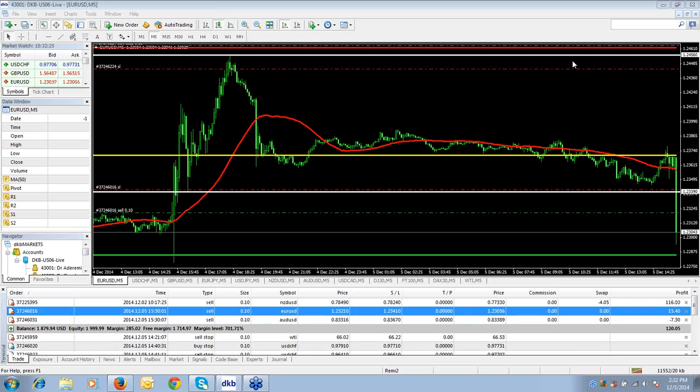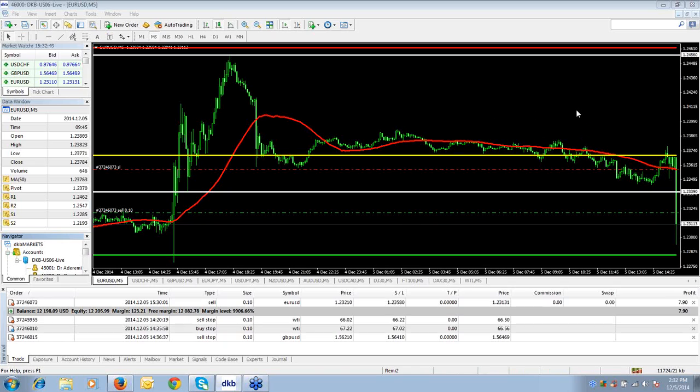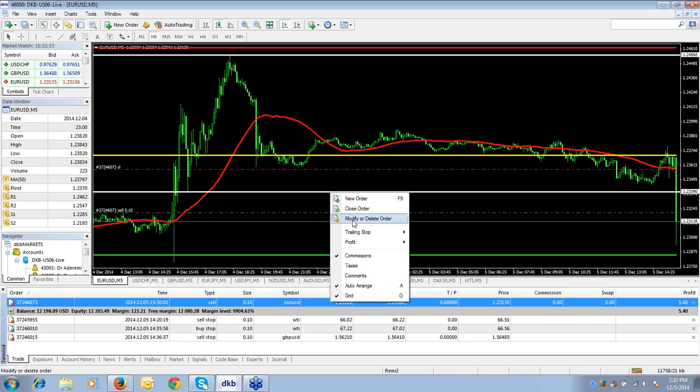I actually have 4 trading accounts I'm trading, so I need to adjust the stops on the other accounts, because of the slippage, they've all entered at the wrong point, so I need to adjust all of them.